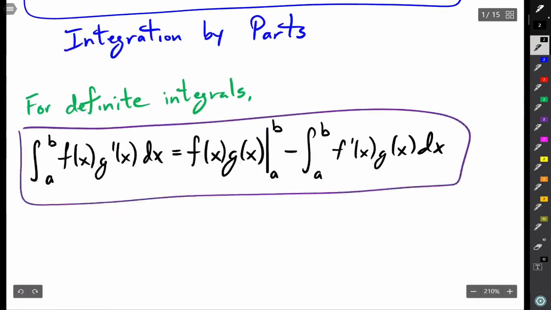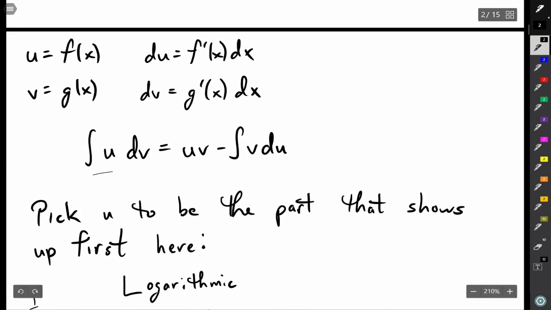So our goal in choosing the u and the dv is that we pick u because typically when we differentiate functions, they become simpler. So we pick u to be something that's hard to integrate, but whose derivative becomes nicer. And then we try to pick dv to be something that's decent to integrate.